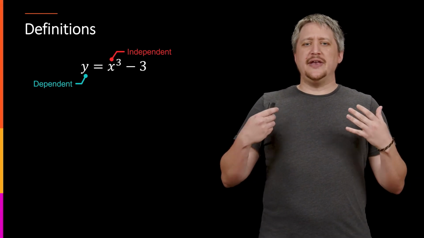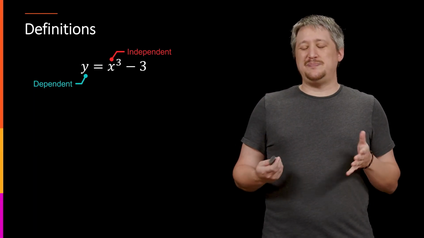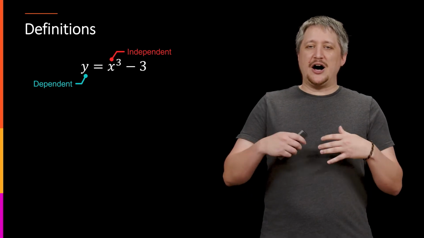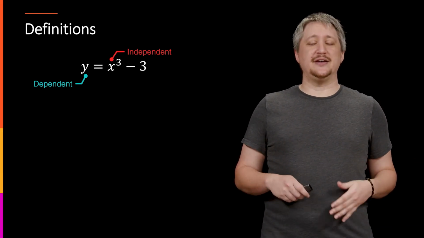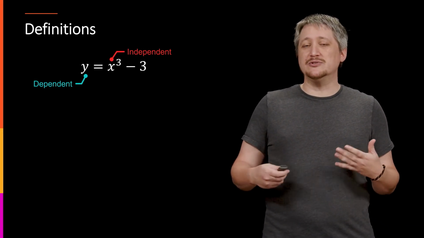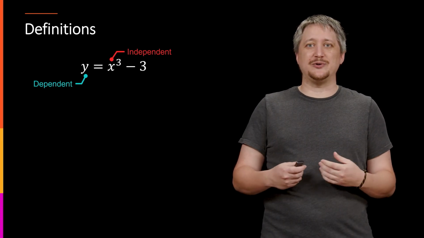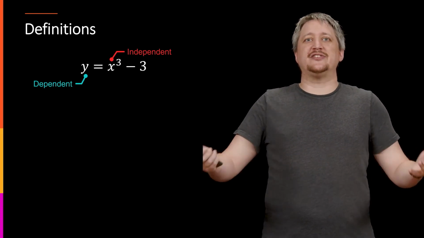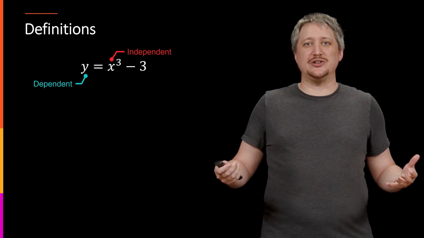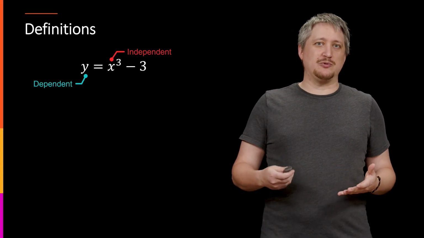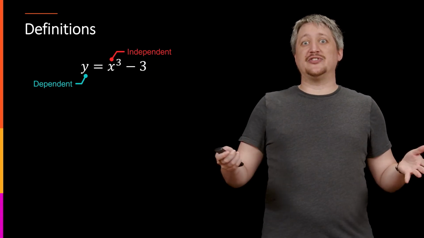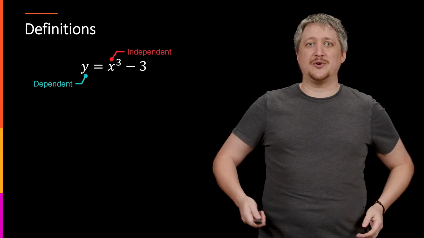Now, the natural domain, this is basically the obvious domain to use if you don't have one given to you. And typically the way that we build a natural domain is we just say, okay, what's the biggest set we could use where all of those things work? So essentially what we really want to do is, what are all the numbers that I could plug into this and have it work, okay?